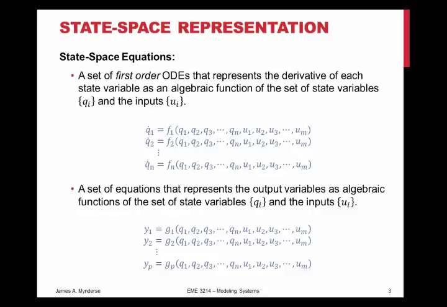In this case we had q1 through qn, so we're going to have n equations. q1 dot is equal to such and such, q2 dot is equal to such and such, and these functions can be different, and they can be functions of all the states and all the inputs. Again, this is a state space where you can have multiple inputs. So we've got all our inputs, we've got all our states, and we've got one derivative of each state.